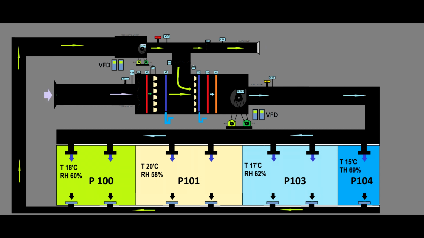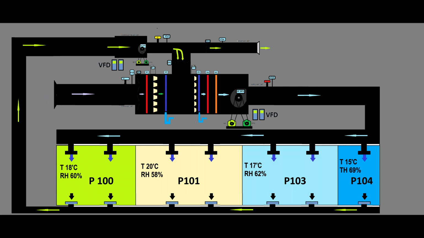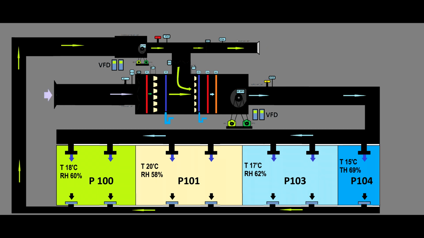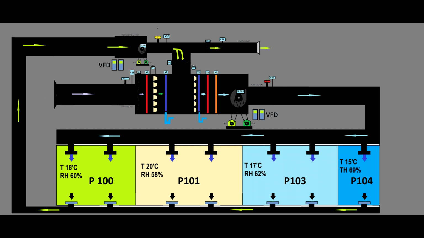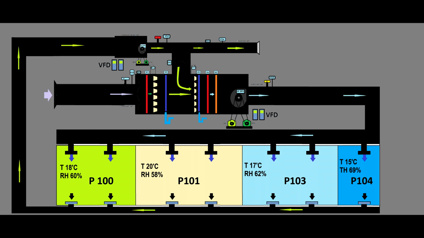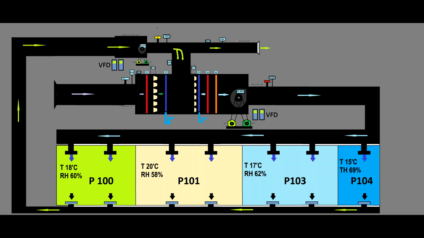Otherwise you will create all kinds of problems in these pressure cascades, and if the air migrates in the wrong direction, you'll have different types of problems. So when you work in the pharmaceutical industry, the design should be very, very, very well done. Otherwise the technician will have a nightmare.